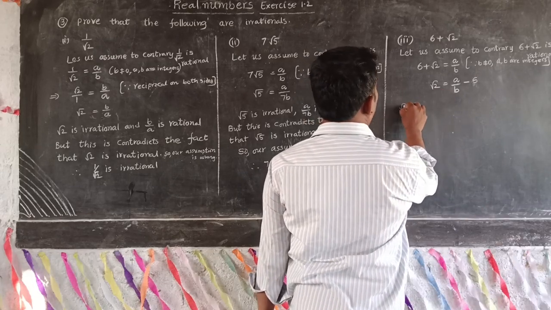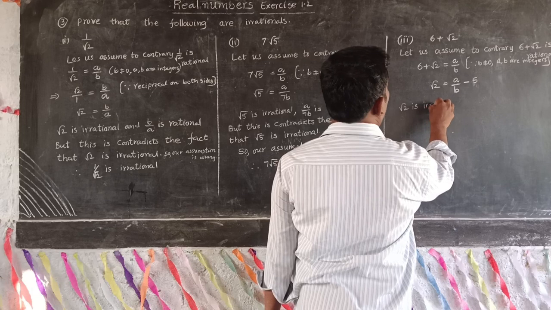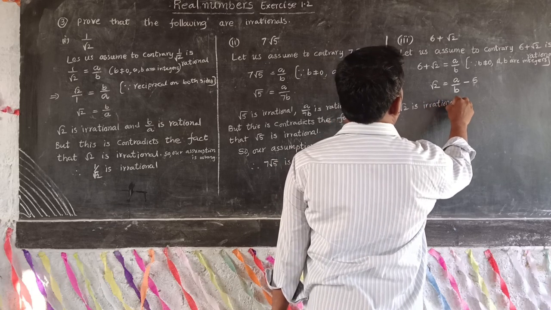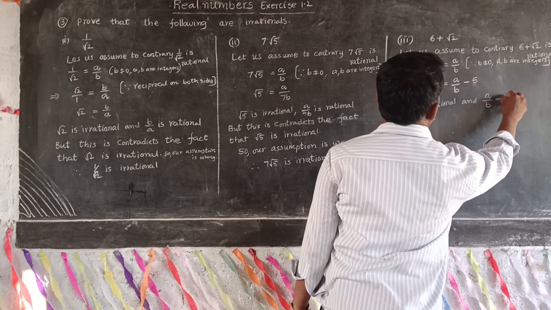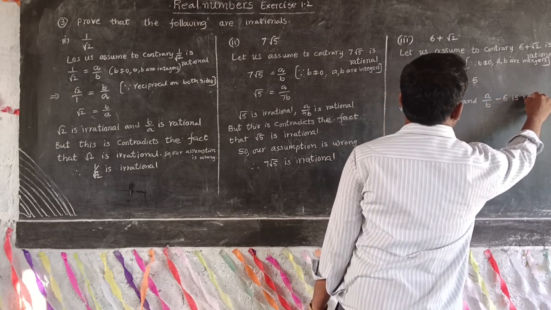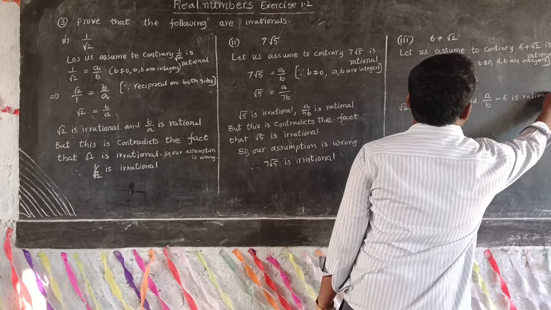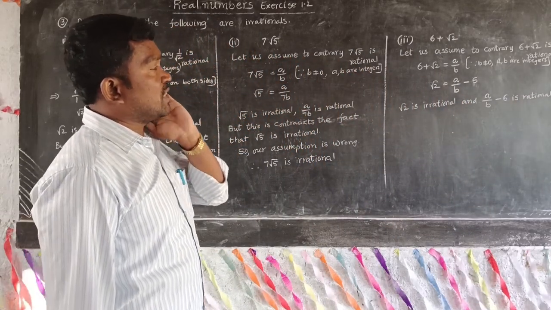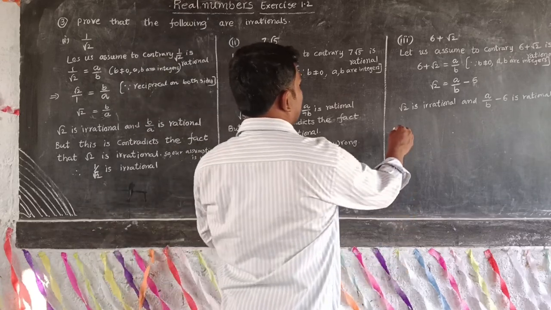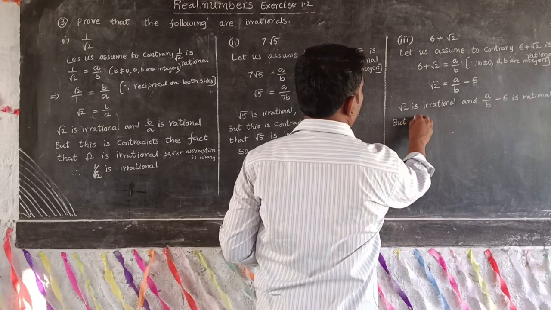LHS root 2 is irrational and a by b minus 6 is rational, but this contradicts the fact.